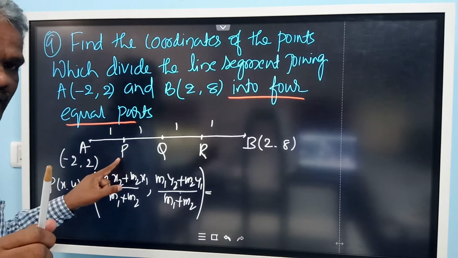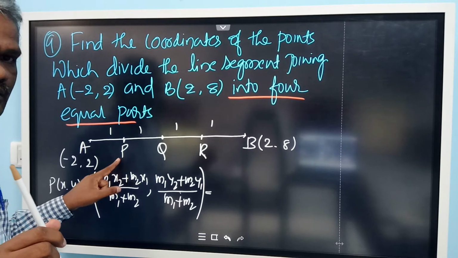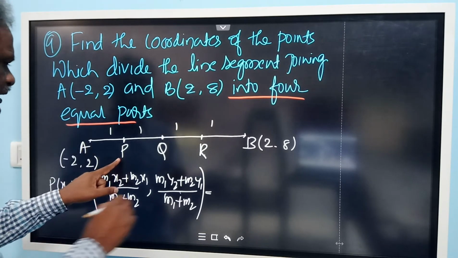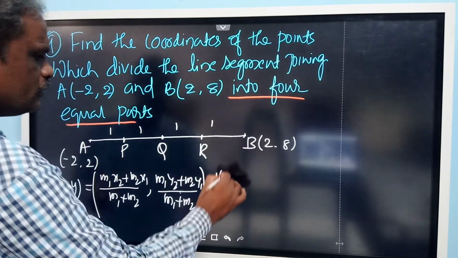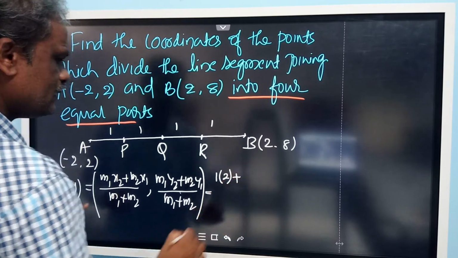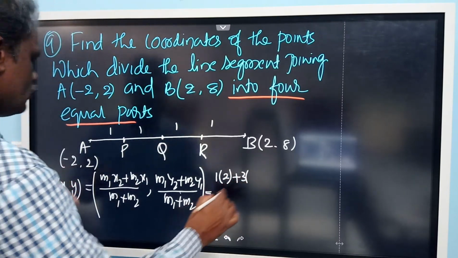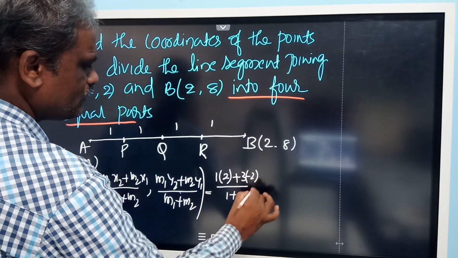I am finding the point P. What is the ratio? 1 is to 3. So m1 here 1, x2 2 plus m2 here it must be 3 into x1, minus 2 divided by 1 plus 3.